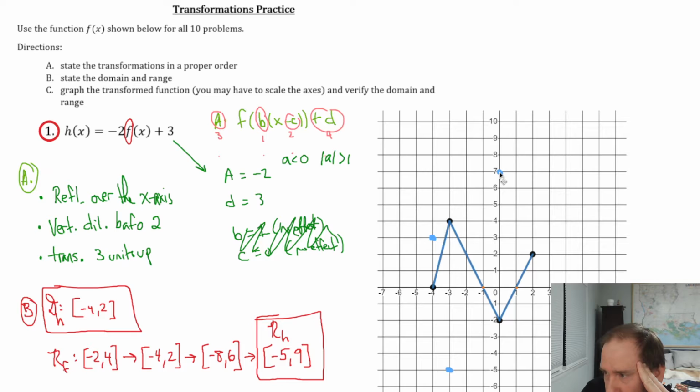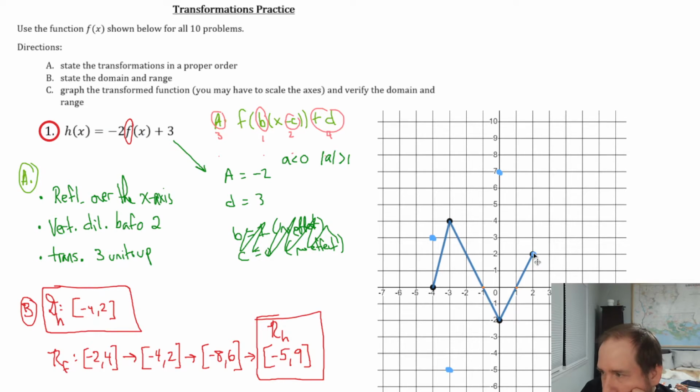That doesn't feel right. I don't know. I'll trust it anyway for the moment. Alright, what happens to the 2? Mr. F's thinking he messed up. Reflect, dilate, 4, then go up by 3.